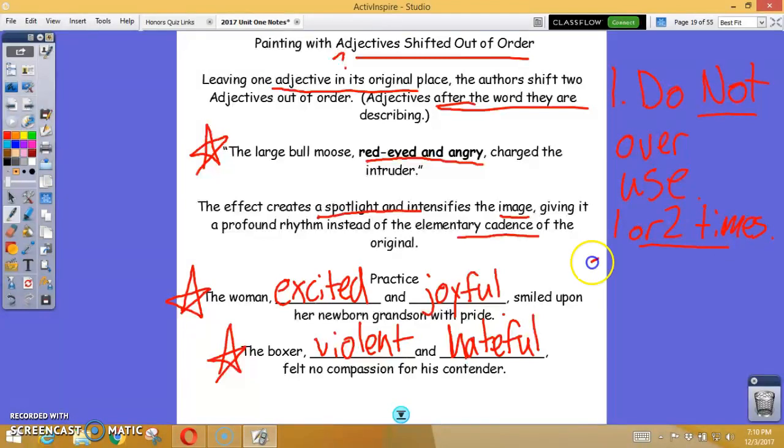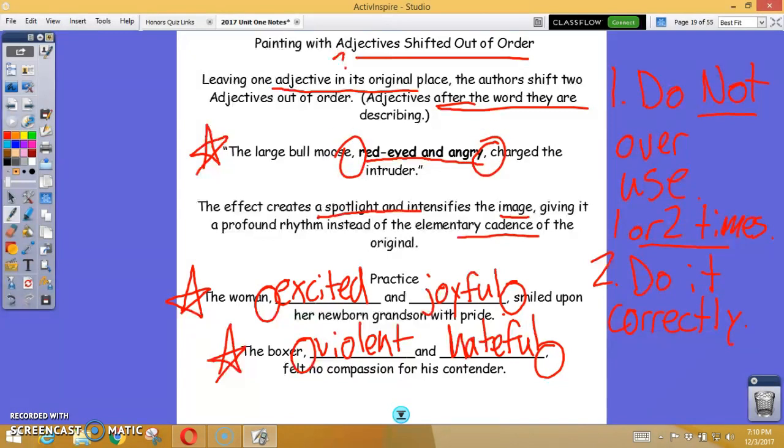The second thing is do it correctly. It actually ends up costing you some points in terms of grammar if you're not doing this correctly. Pay attention to what I'm circling here, these commas. You have to punctuate this right, okay? You completely blow it if you don't punctuate this correctly.